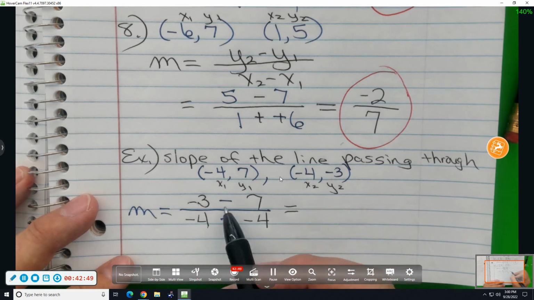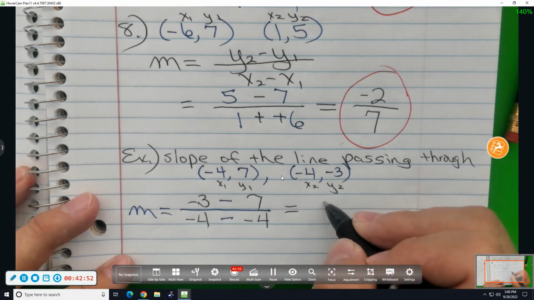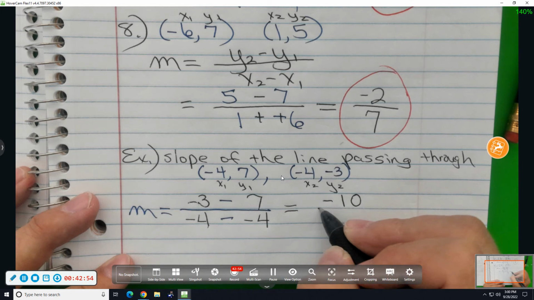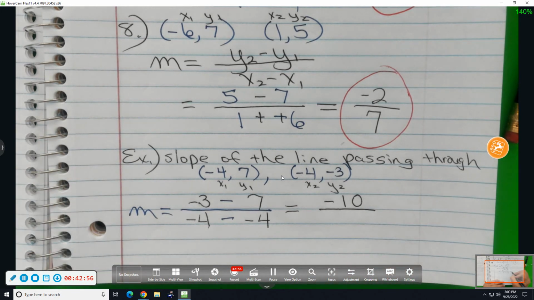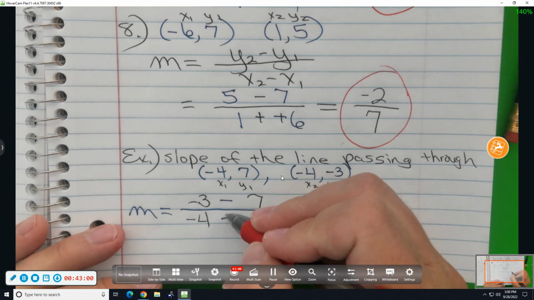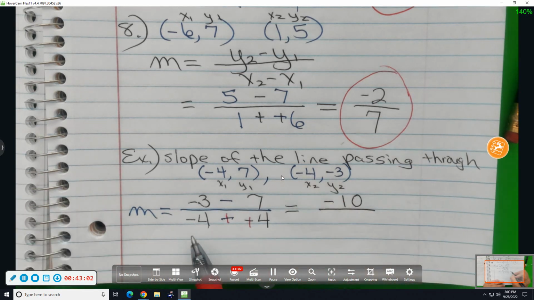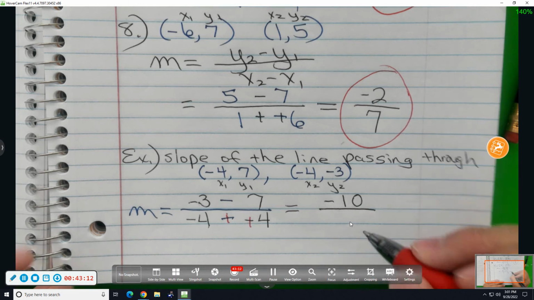Negative 3 minus 7 gives me a negative 10. But what's happening on the bottom? That minus a negative becomes add. So negative 4 plus 4 gives me, not 8, be careful, negative 4 plus 4 gives you a 0.